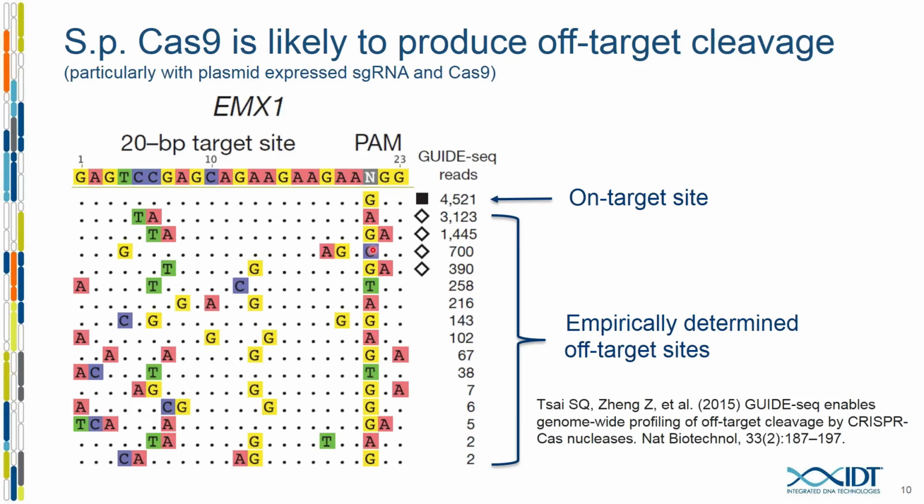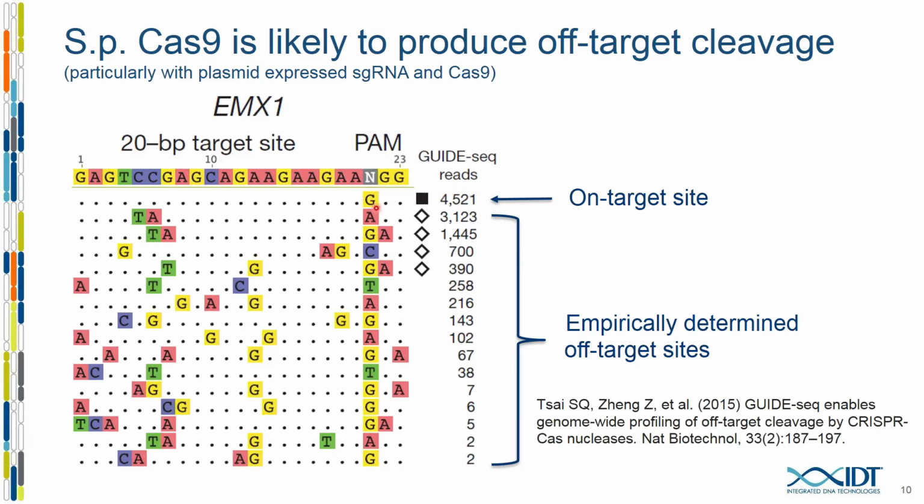And what I've got on the screen here is an example of the GUIDE-seq work from Keith Joung's lab at Mass General. And what they show is that if they include in their CRISPR-Cas9 editing experiments, along with this EMX1 guide, a double-stranded DNA fragment, and allow that to integrate at all the double-stranded breaks with non-homologous end joining, they're able to sequence and find all of the double-stranded DNA breaks that were in the cell.